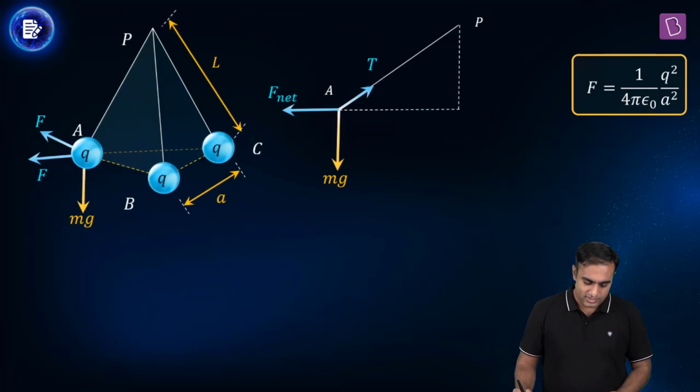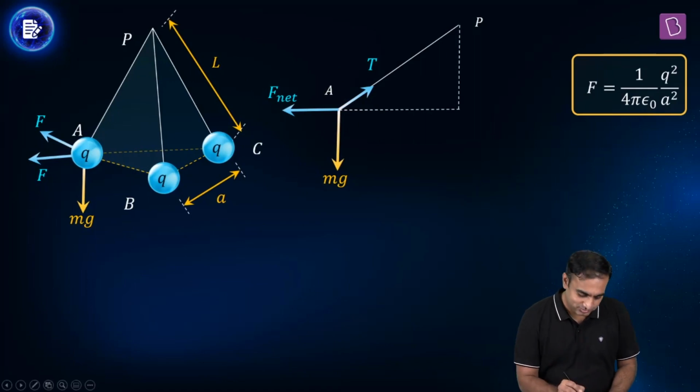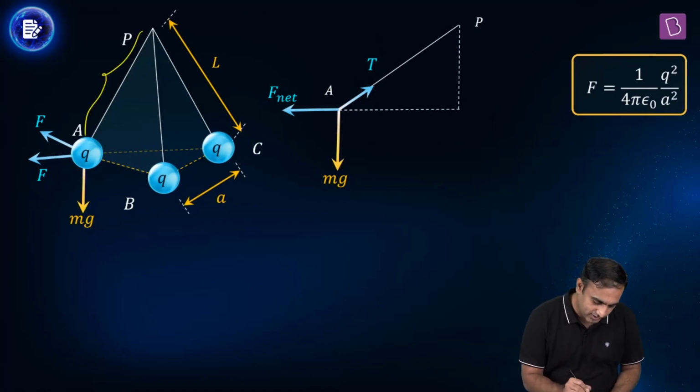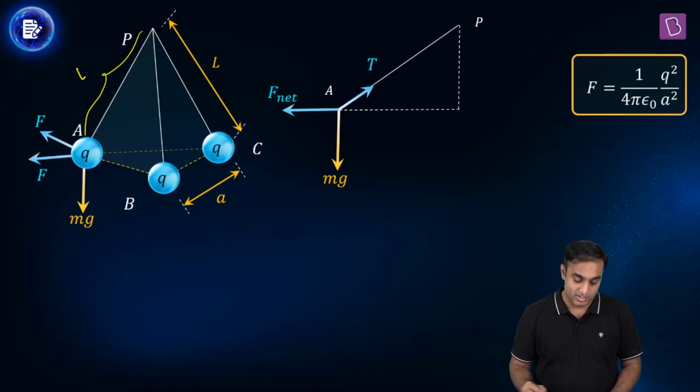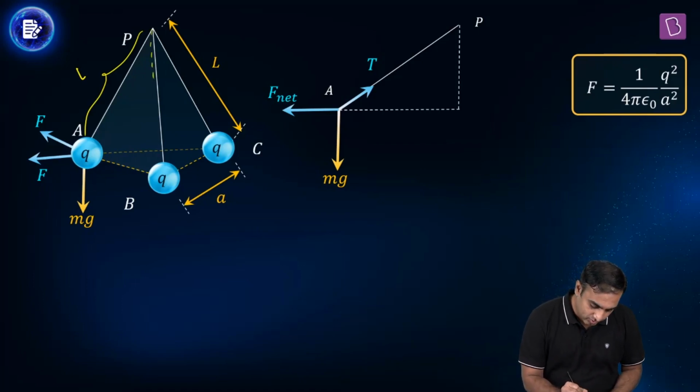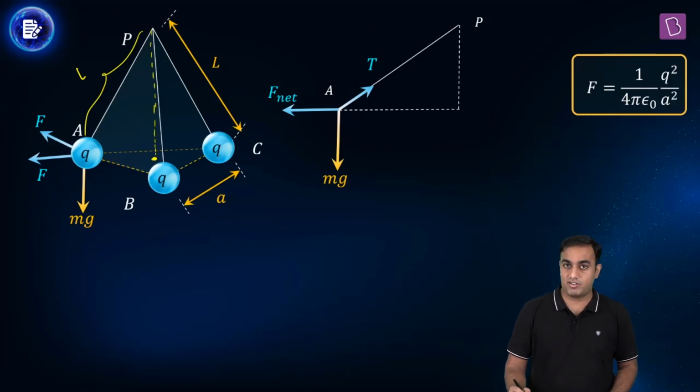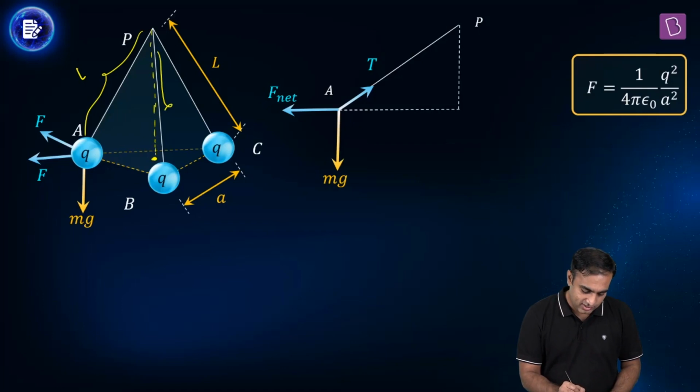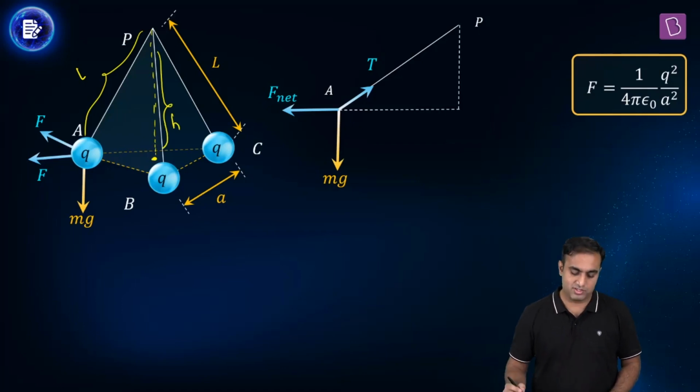Well, let's consider this diagram. Here is the string of length L. If you look at the vertical height here, which meets the centroid of the equilateral triangle, this is height h. But we also know that L is much greater than small a. What does it mean?